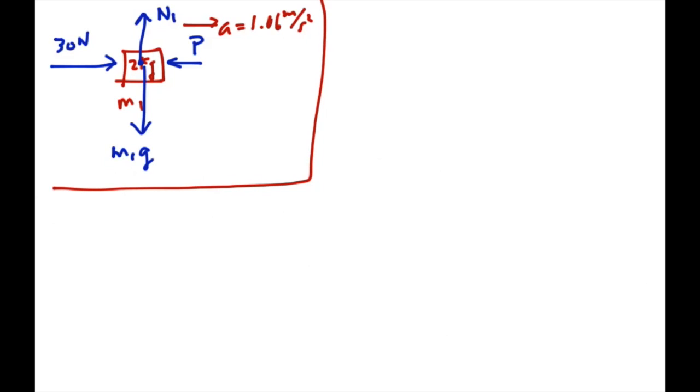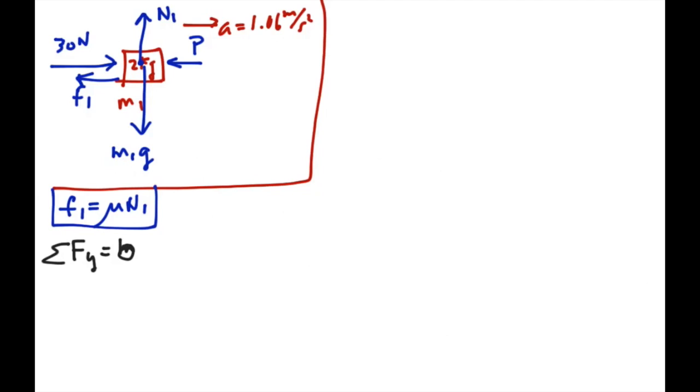We want to find, oh no, we forgot one more force. Friction. We have a frictional force called F1 that's going to the left, and this F1 would be equal to mu times N1, the normal force. Let's find that normal force. Looking at the vertical direction, the summation of all the forces in the y direction is equal to 0. There's no acceleration in the y direction, so that's going to be equal to N1 minus M1g.